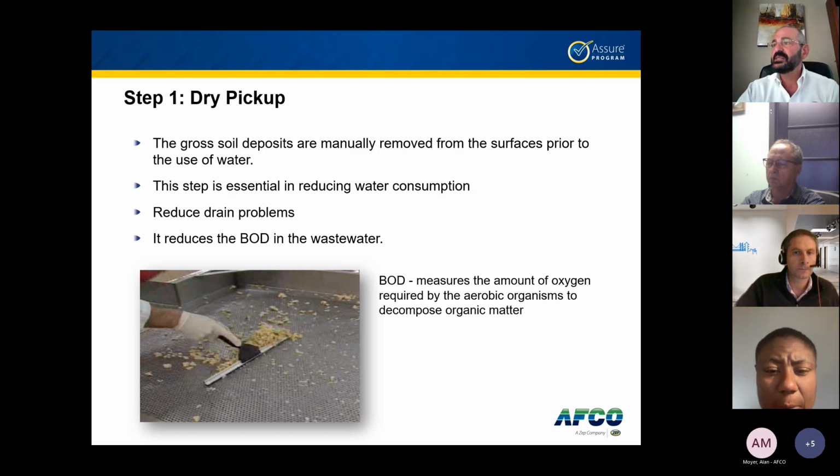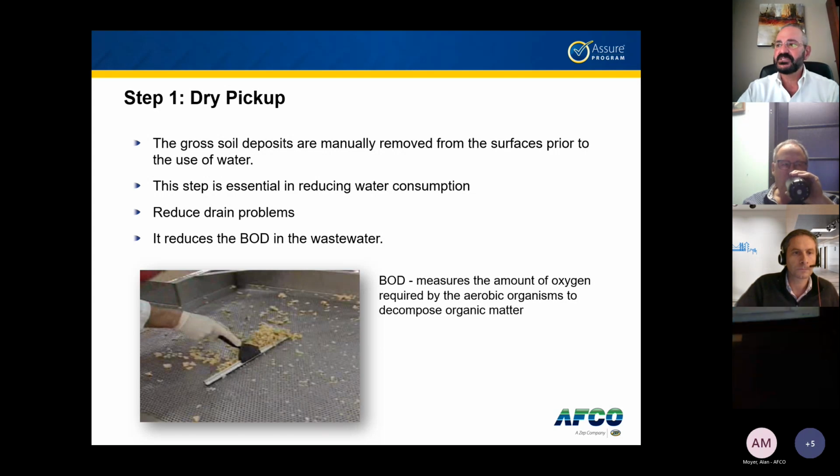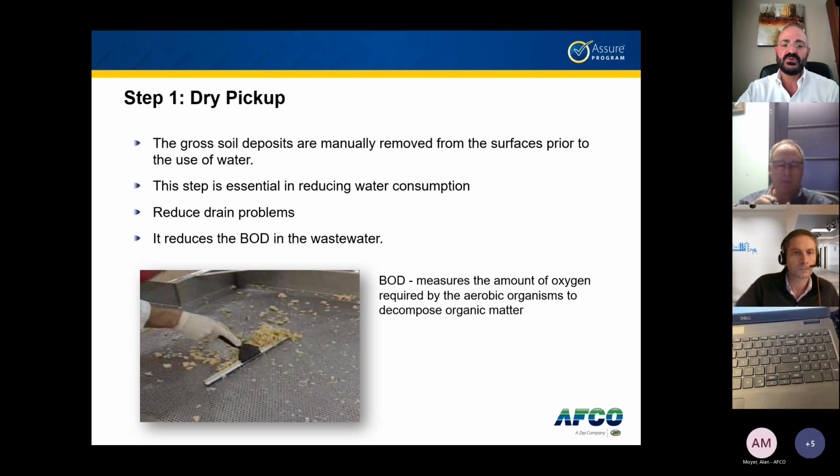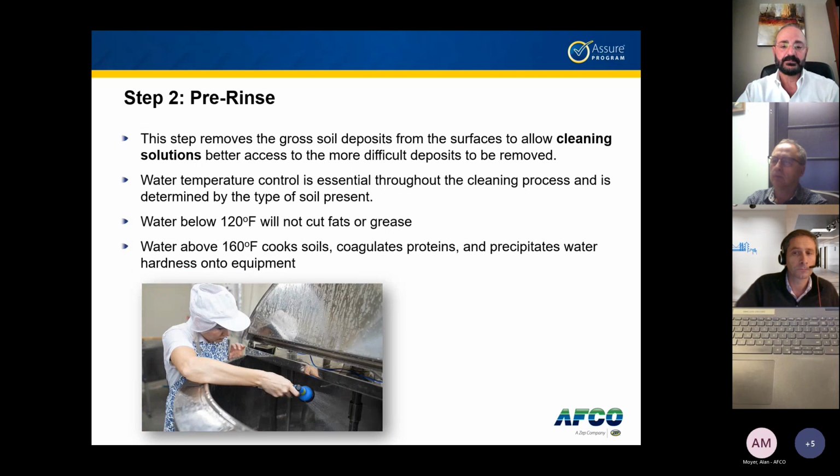The wastewater will have no oxygen in it, and that's why you need to remove as much of the organic matter as possible from the surfaces so it doesn't go into the drains. If you have a high BOD because of these organic matters, your employer will pay a lot of money to the city to clear the sewer water. So it's a very important step to do dry cleaning.